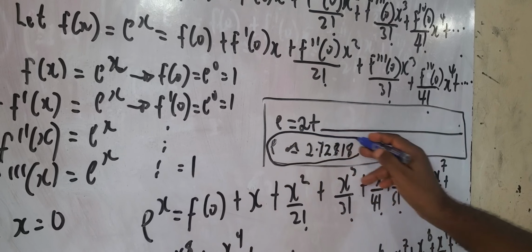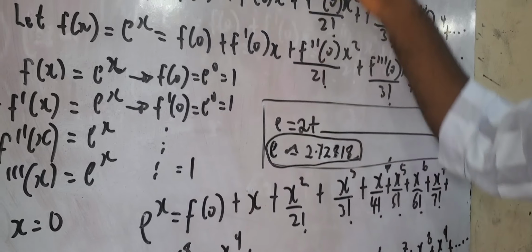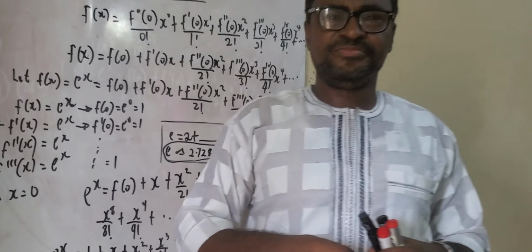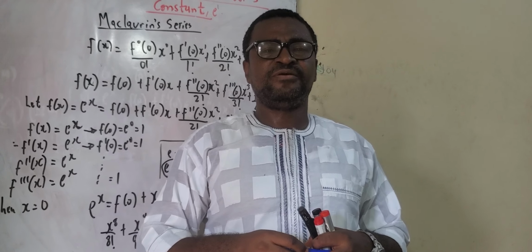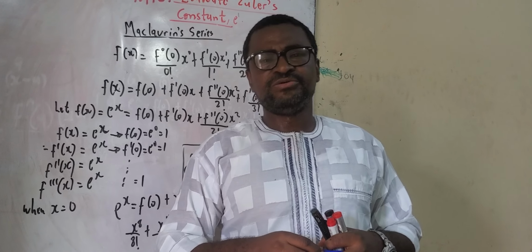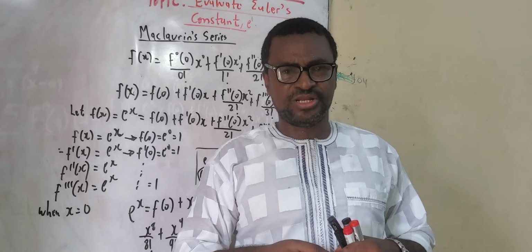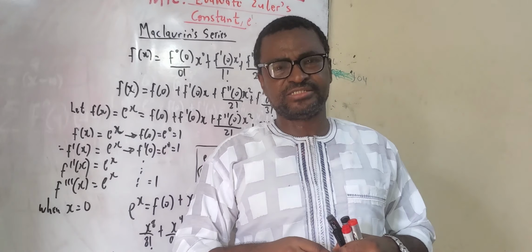So this is the value for Euler's constant. I believe you must have been able to observe how we derive Euler's constant from the foundation of our knowledge of Maclaurin series.